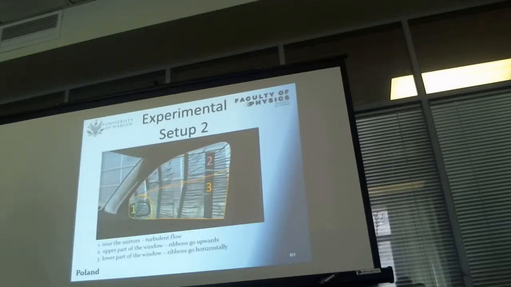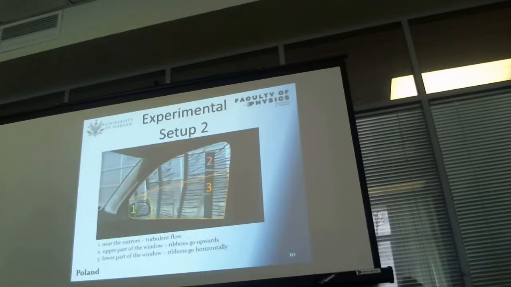We put some ribbons on a side glass of a car, and we could now divide this car into three zones. First is turbulent flow, second is the upper part of the window where ribbons went upward, and third is where ribbons go horizontally, no matter how fast we go.